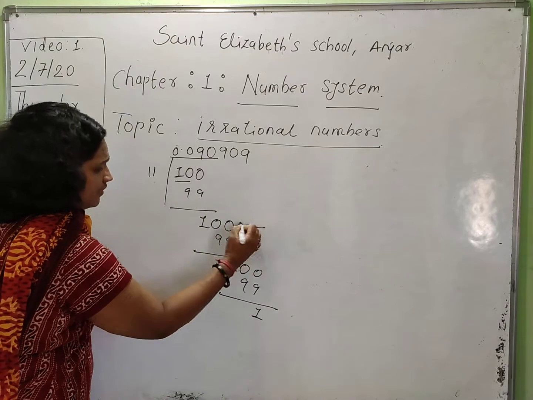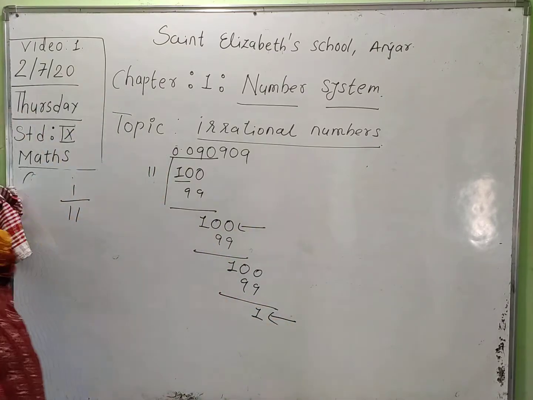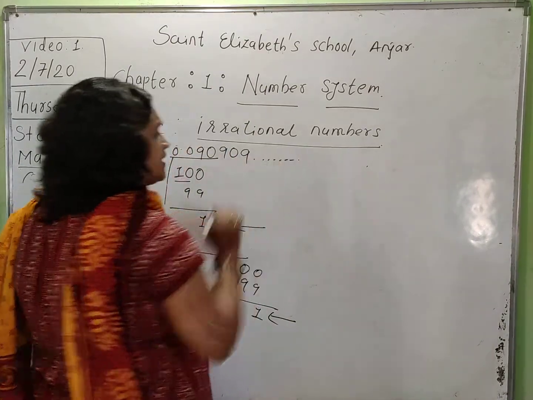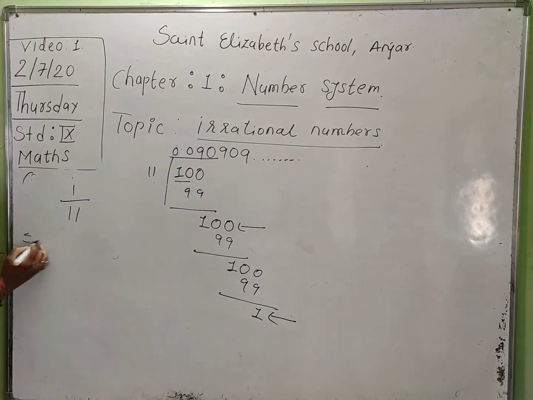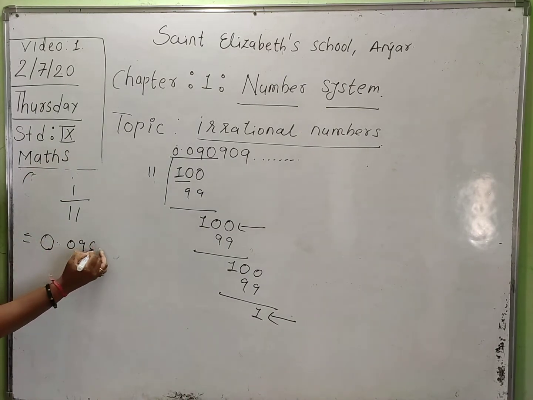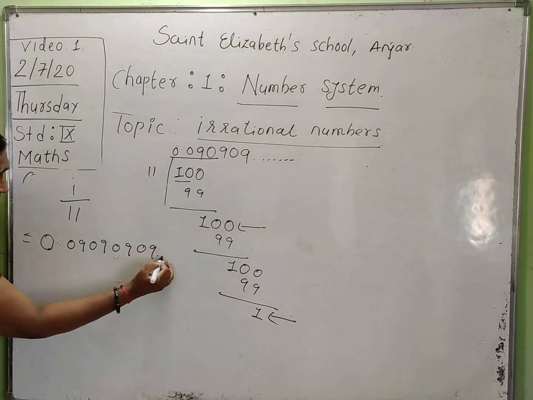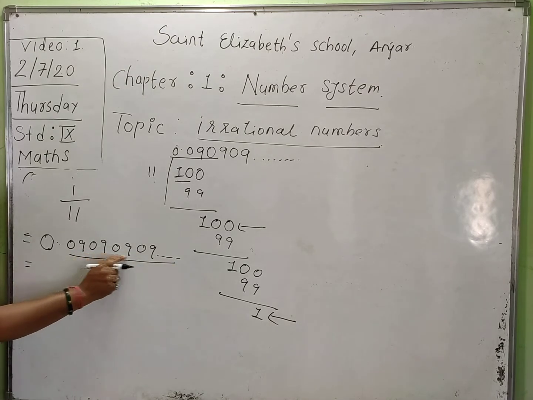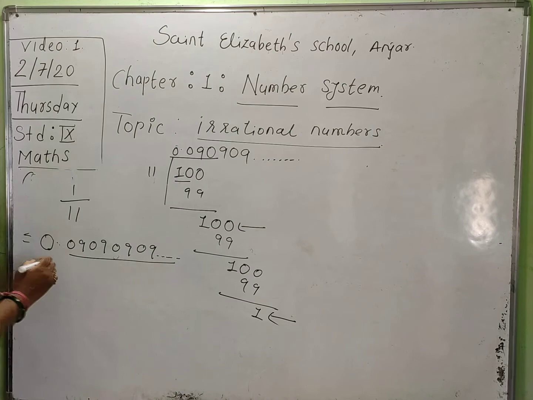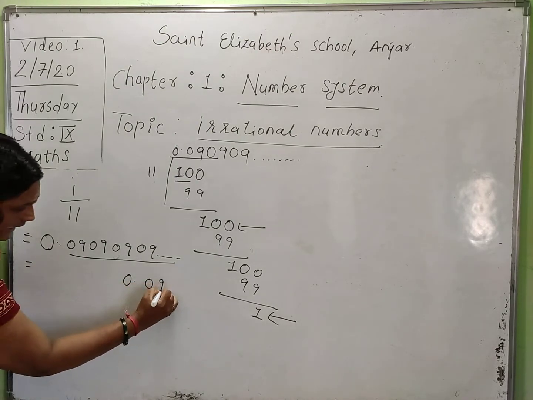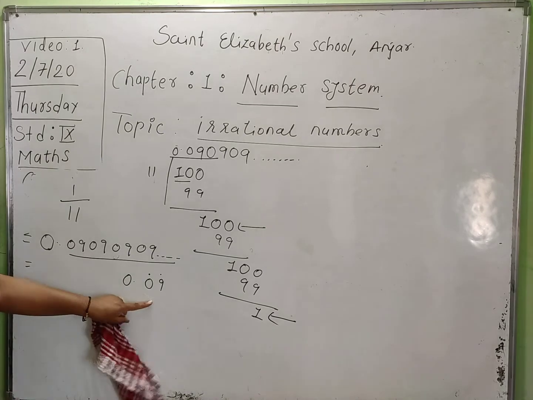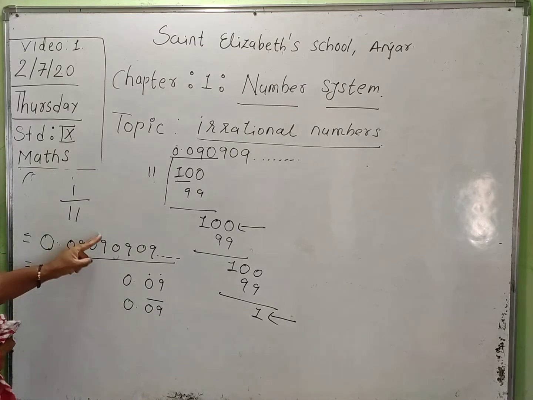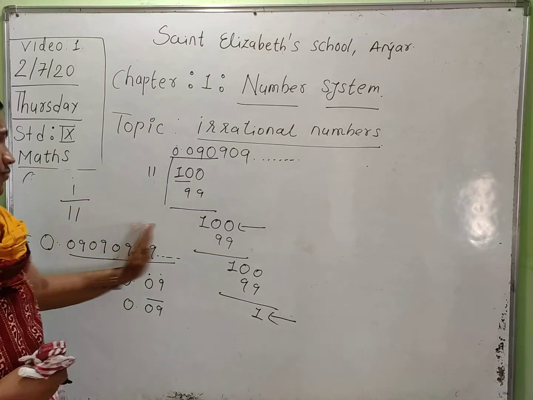So you can see the remainder. First remainder was 1, and it goes on 1, 1, 1, 1. So this process will never stop. So this number we can express like 0.09090909 and so on. Here you can see the pattern: 09090909. Two digits are repeated, that is 09, so you can write it this way, with a bar over 09. So this goes up to infinity.